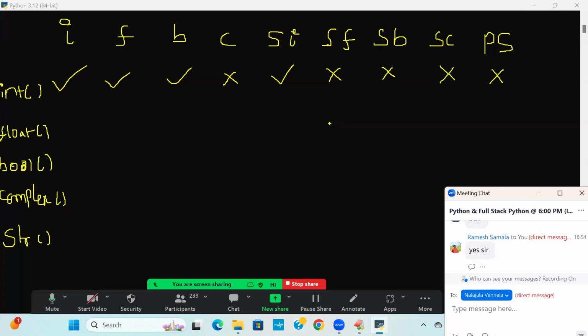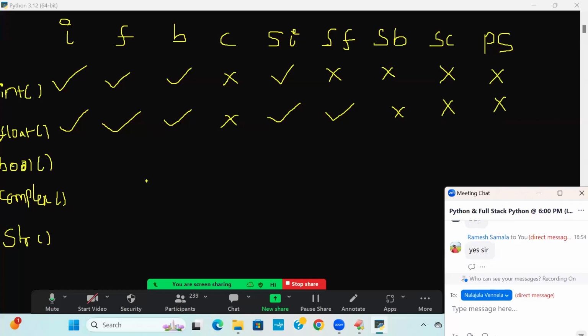Very slowly you are saying. Come on, next, float of. Int to float. Possible, possible, possible, not possible, possible, possible, not possible, not possible, not possible.